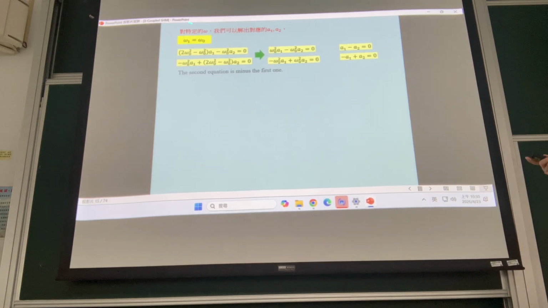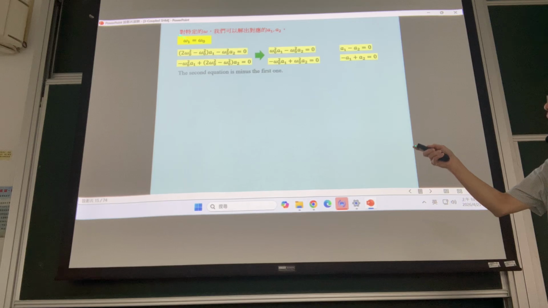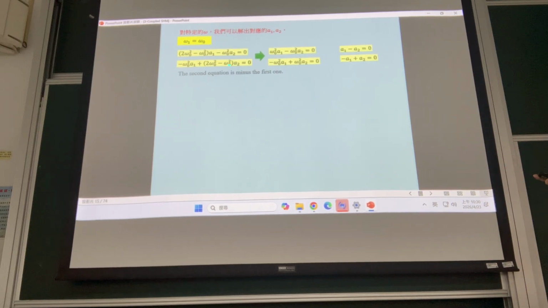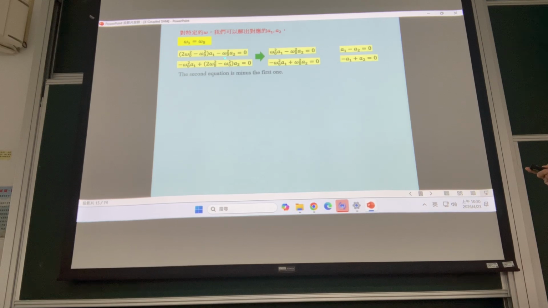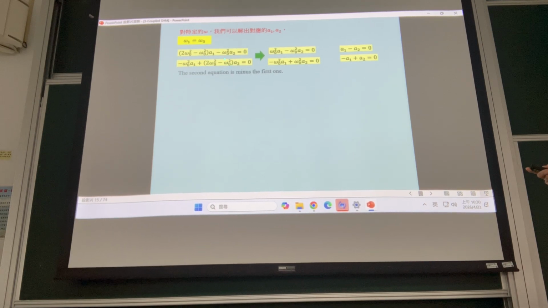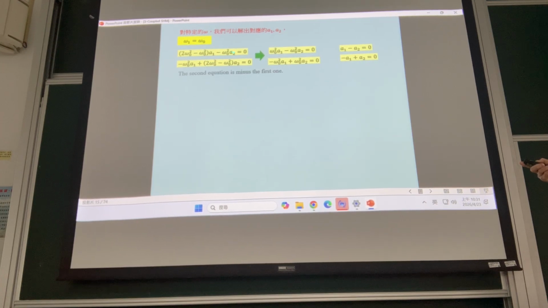So if omega is equal to omega 1 equal to omega 0, then if I put it back into the two equations, then this is omega squared. If you put omega 0 back into it, then it becomes 2 omega 0 squared minus omega 0 squared times A1 minus omega 0 squared A2.